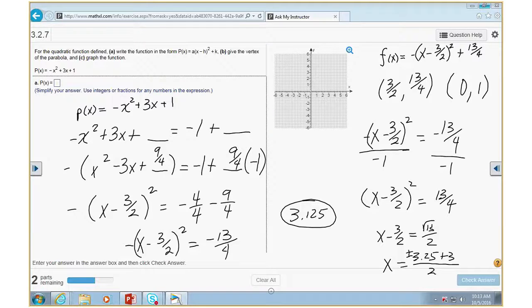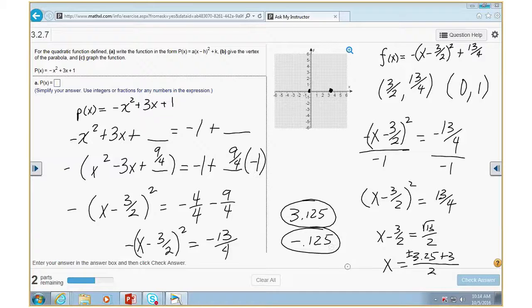And negative 3 plus 3.25 would be 0.25, which would be negative 0.125. So 3.125 and negative 0.125.